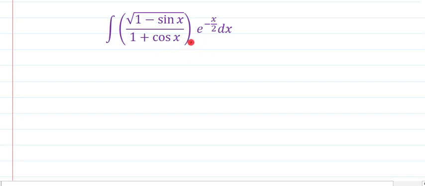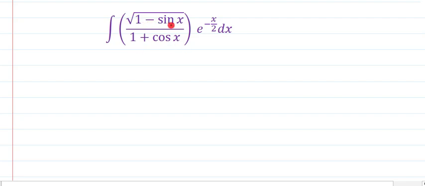Now how to make sure that the problem is of this type. For that there is no need to do anything with this e power minus x upon 2. Just think about this function. And you know very well, you have done these types of problems in your differentiation and in your inverse trigonometry, how to simplify these types of trigonometric functions.